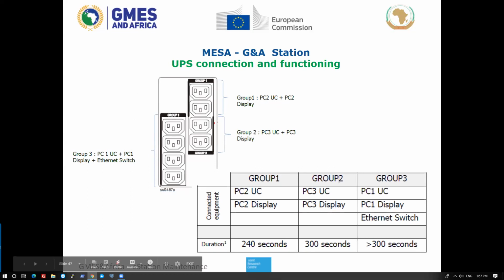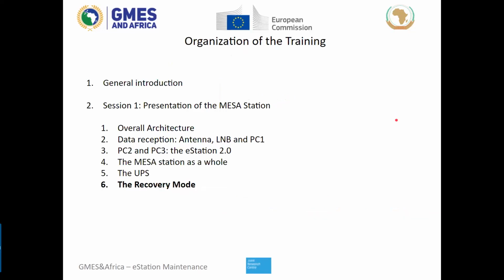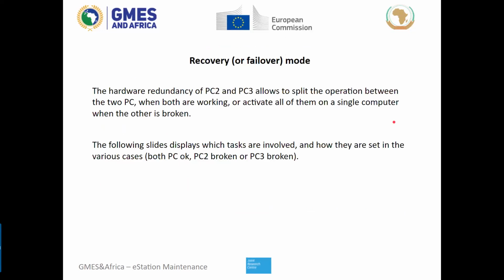Yep, thank you, Marco. So yeah, I hope it's clear. Maybe we could proceed to the next topic, which is also important: putting the Mesa station in recovery mode. So when do you put the Mesa station in recovery mode?